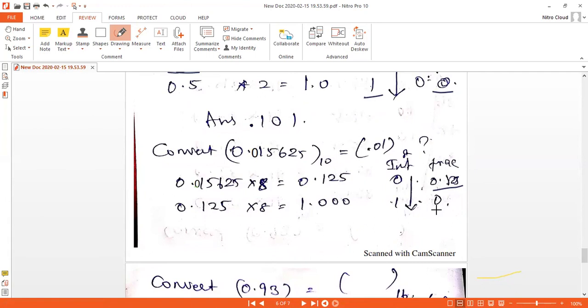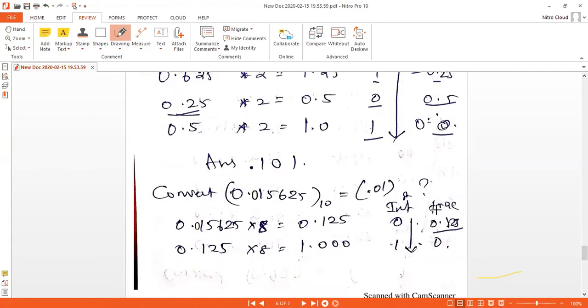Where it is written 0.83, I don't find anywhere on the screen. Ma'am, I said my handwriting is poor here. This value I mentioned is 125. 0.125 is the value. Clear?